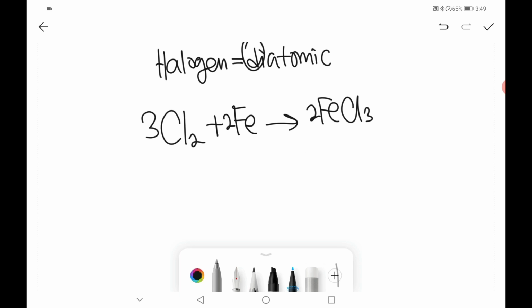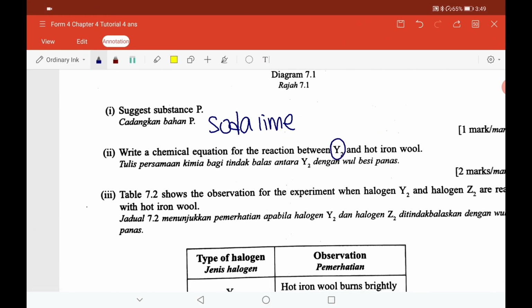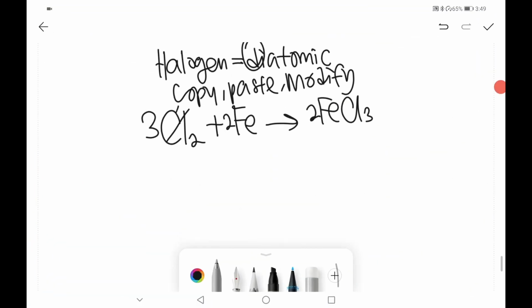Then only you copy, paste, and you modify. Okay, so how do you modify it? Now they want to ask us the reaction between Y2. So you change the Cl to become Y. That's it.